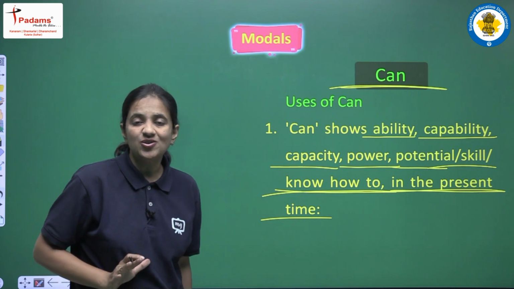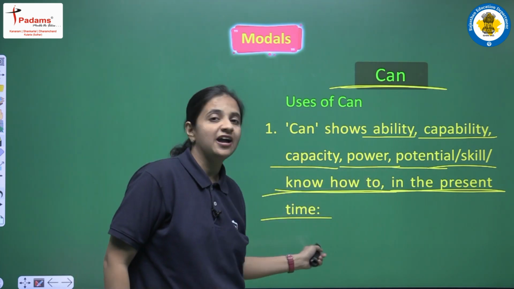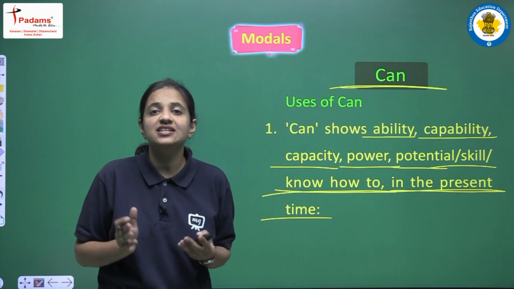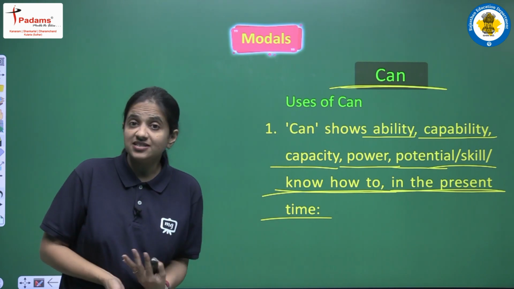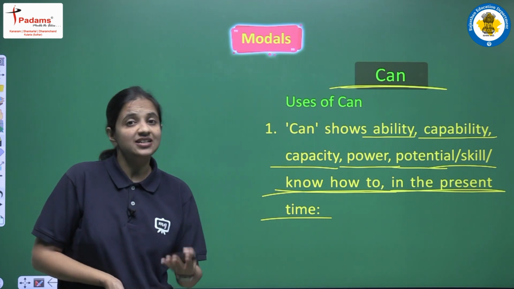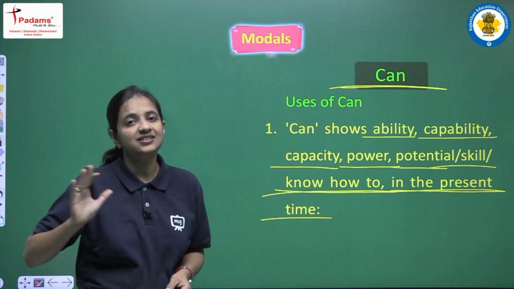But one thing you have to be careful about is that all these things should be there in present time only, then only we have to use this modal, that is can, right? So the first use of can is that it shows capacity, ability, capability, potential, skill, know how to, but only and only in present time.